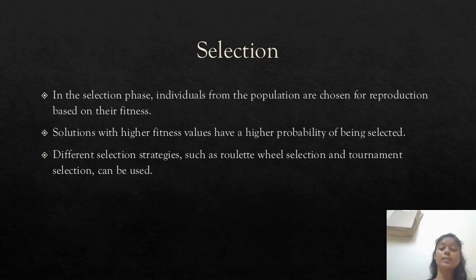So every population after initialization has fitness values, and those individuals with the higher fitness value will be taken for the further process. The probability will be high, and we can select them by using methods like roulette wheel selection or tournament selection. By this procedure, we select the individuals for reproduction.